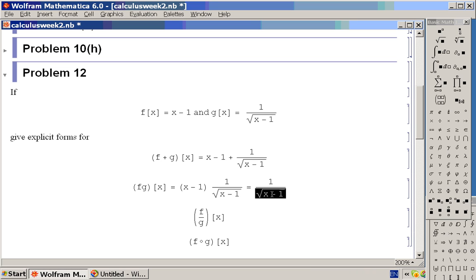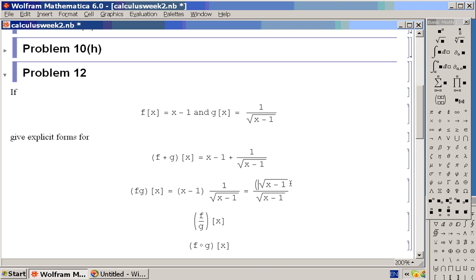We take that and square it like so, and then we can see that this cancels with one of those if x is greater than 1, and so the answer is just that.